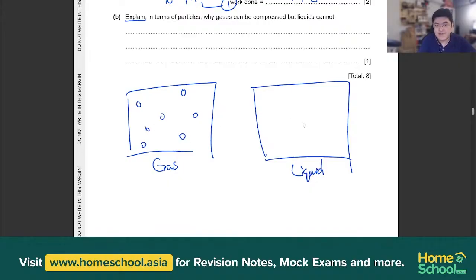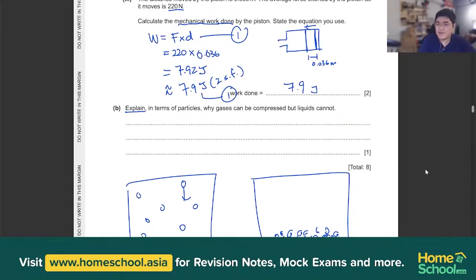As for a liquid, all the liquid's molecules are compressed together already, so there doesn't seem to be any space left for the molecules to be compressed anymore. So basically, for gases, there's a lot of empty space.